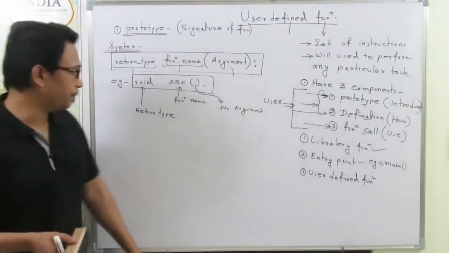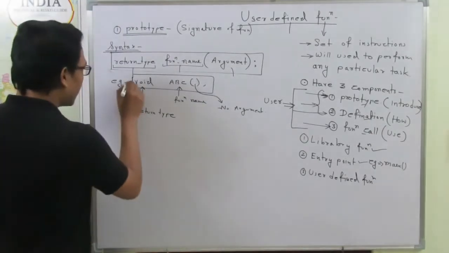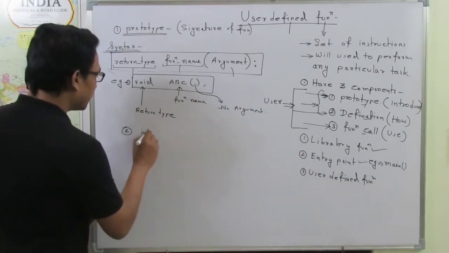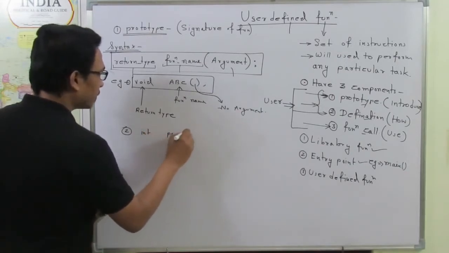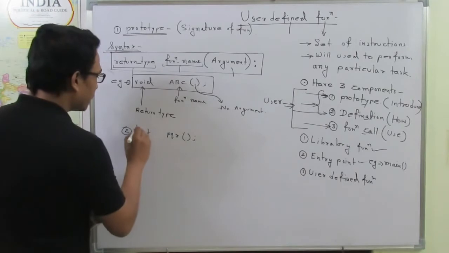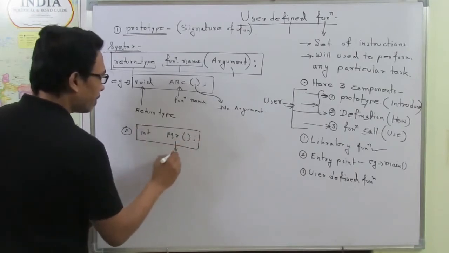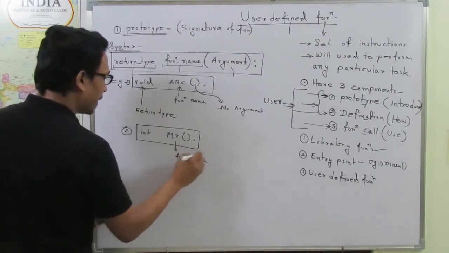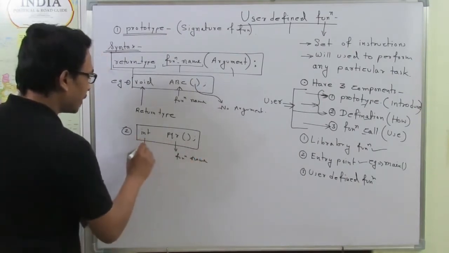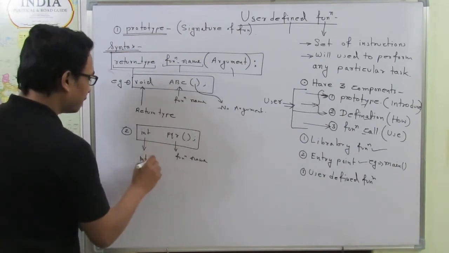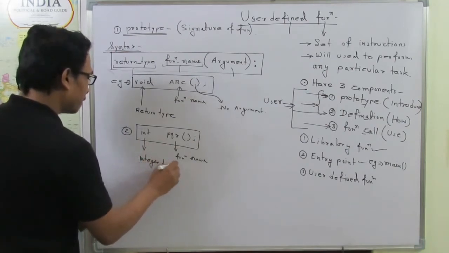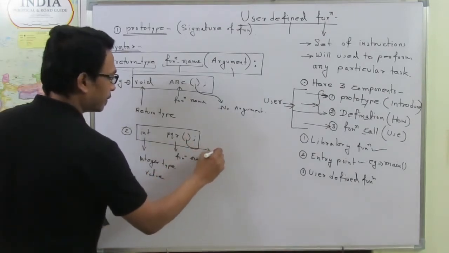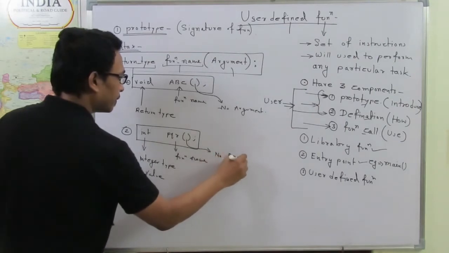Clear? Next, take another example with some return type. Let's say int pqr, then parenthesis. What does it mean? This means pqr is the function name, and after performing the function it will return one integer type value, and no parameter or no argument.